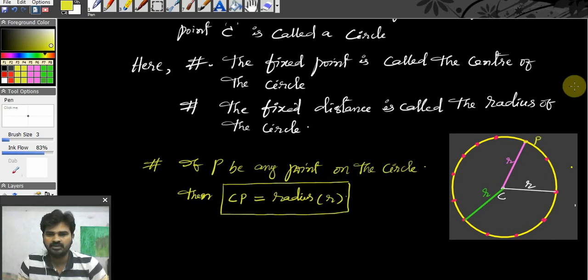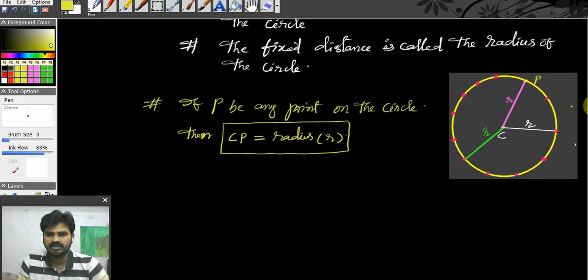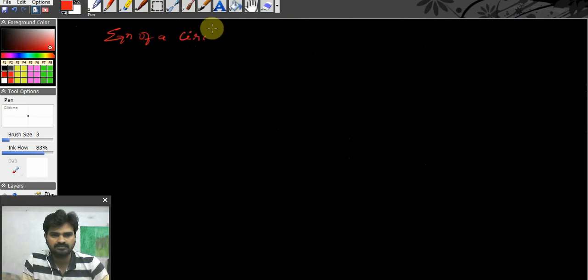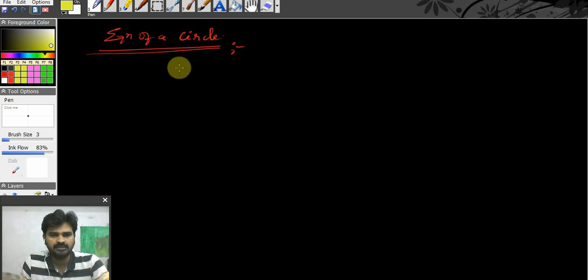Now we are going to discuss how to find the equation of the circle in a plane. Let us consider the equation of a circle. To form the equation of the circle, first we need to take the fixed point and fixed distance.